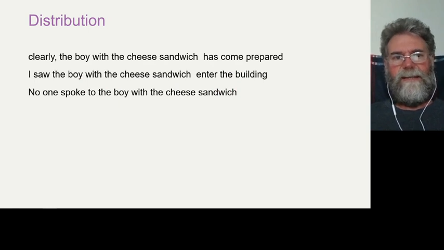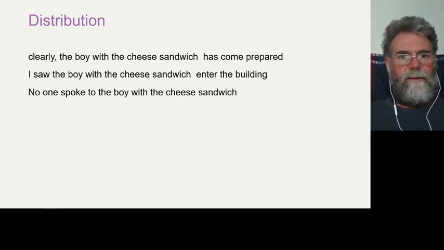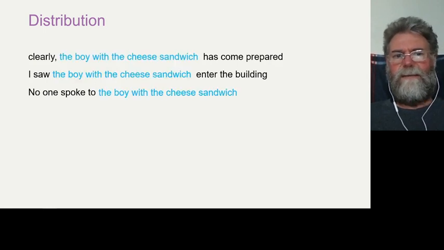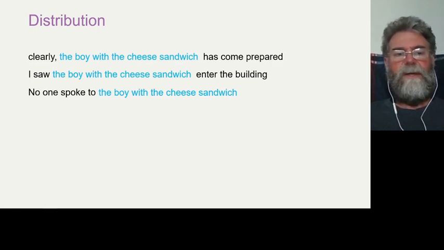Take these sentences here. Clearly the boy with the cheese sandwich has come prepared. I saw the boy with the cheese sandwich enter the building, and no one spoke to the boy with the cheese sandwich. Note, in these sentences, we've got this group of words appearing in a number of different positions. The boy with the cheese sandwich appears in all three sentences, but not in the same place.